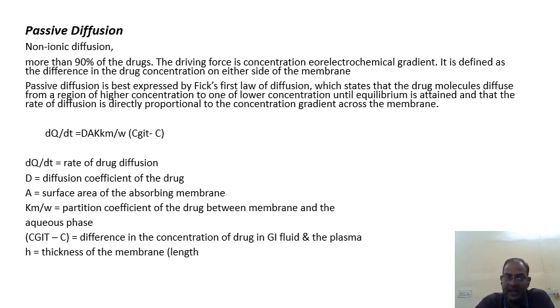Cgit minus C equal to 0 means the concentration available in the GI tract and the concentration available in the blood plasma are the same, so the diffusion will cease. Ideally, that doesn't happen, which is why it is called sink condition. So this is about the passive diffusion process.